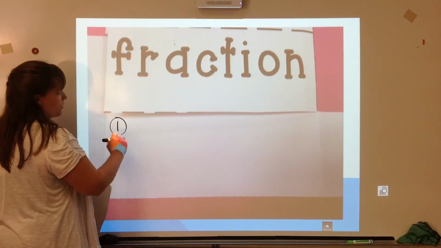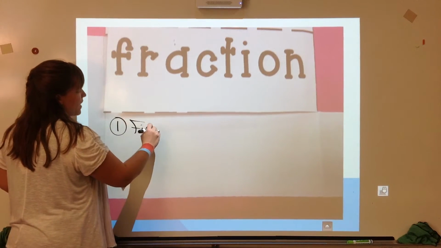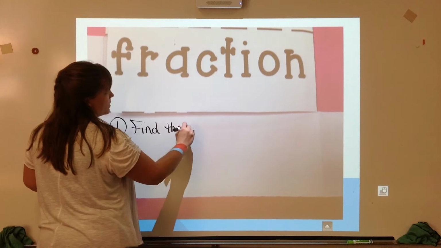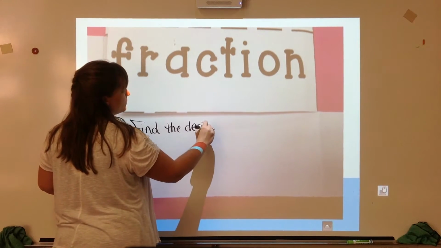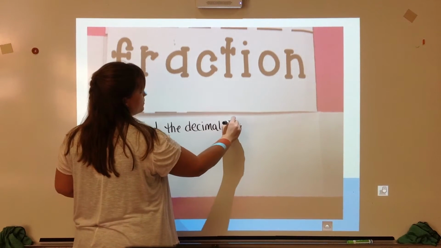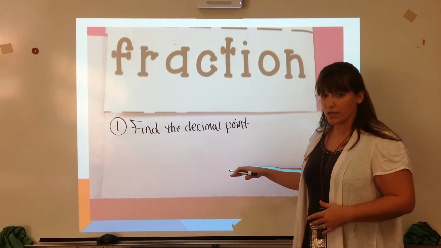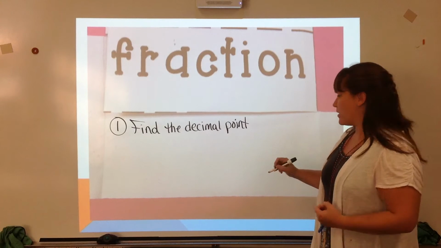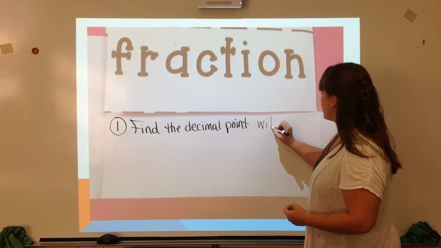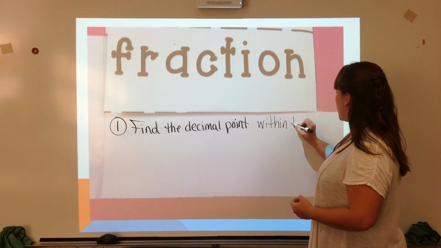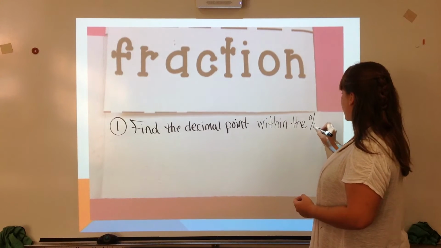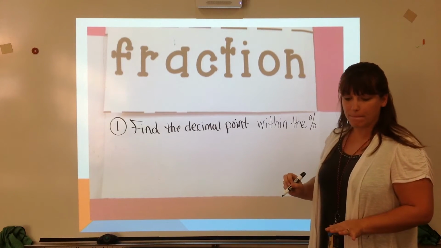The first thing we're going to have to do is find the decimal point, literally find where it is within the percent, and I can use that symbol, that's fine.